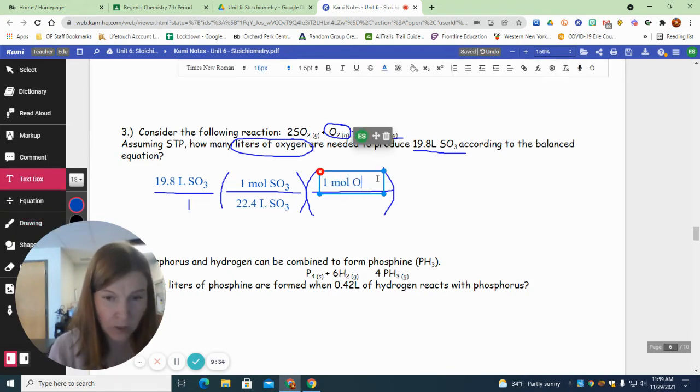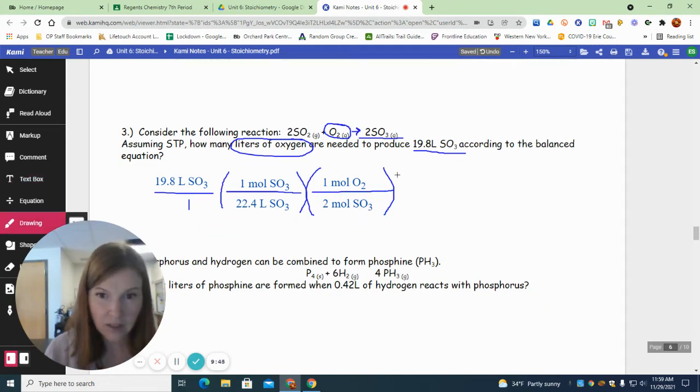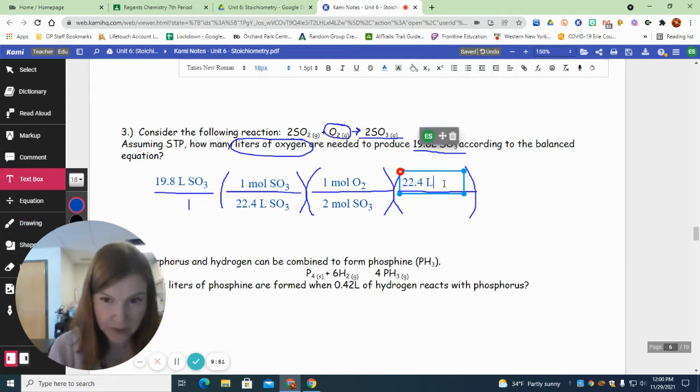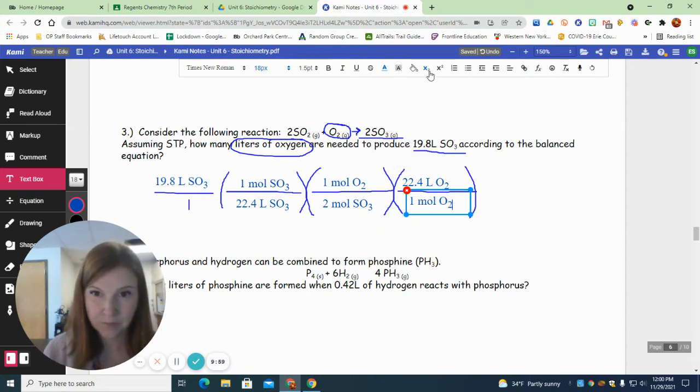So I would have 1 mole O2 in my numerator, 2 moles SO3 in my denominator, and then my last fraction, I'm going back into liters. So I know there's 22.4 liters of O2 for every 1 mole of O2.